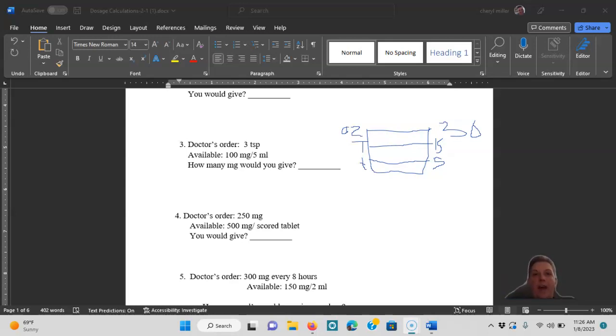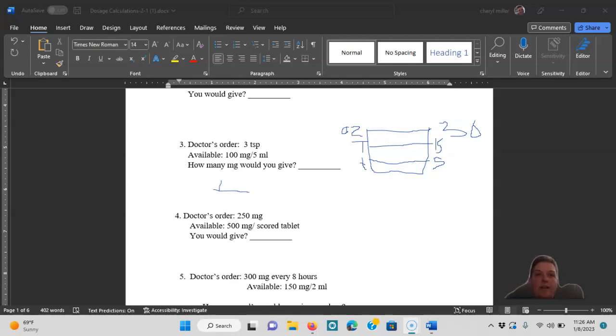Okay, so that being said, he wants me to give 3 teaspoons. So 3 of these. Okay, so every teaspoon equals 5 mils. He wants me to give 3 of those. What is 100 plus 100 plus 100? Because I know there's 100 every 5.